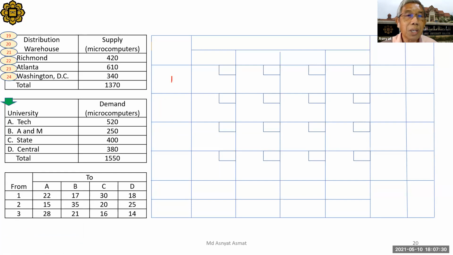Supply from supply number 1, number 2, number 3.